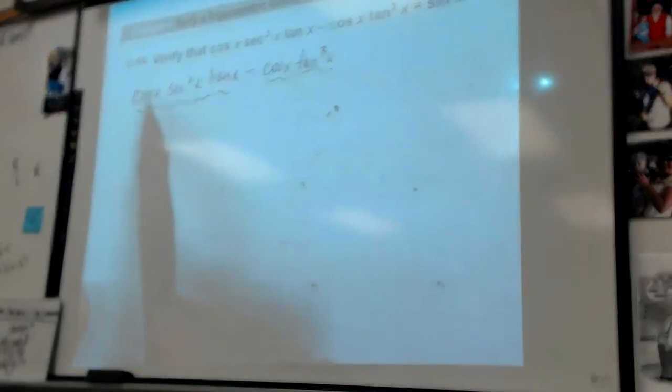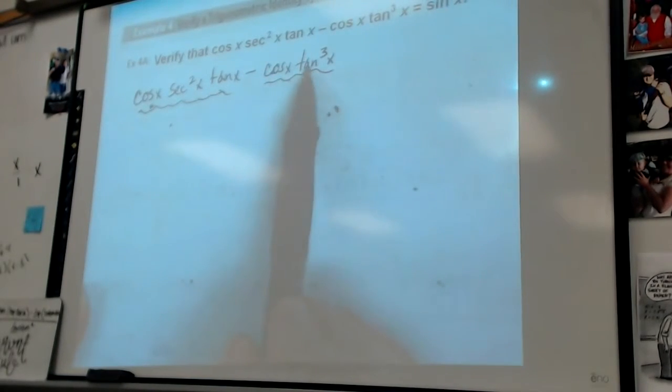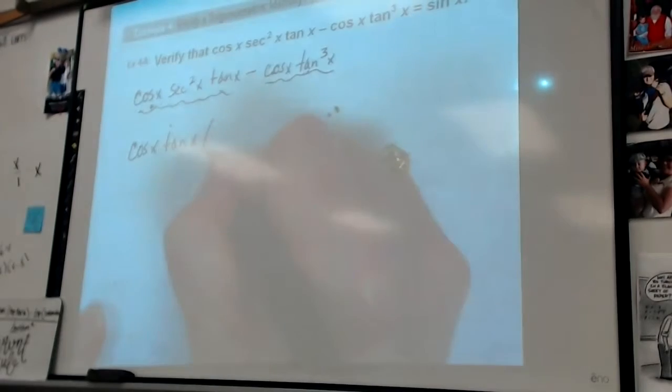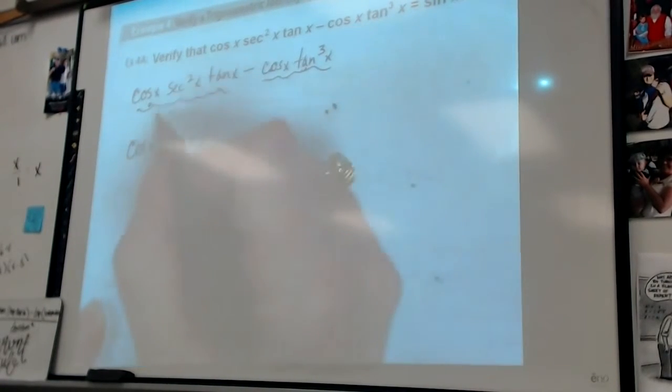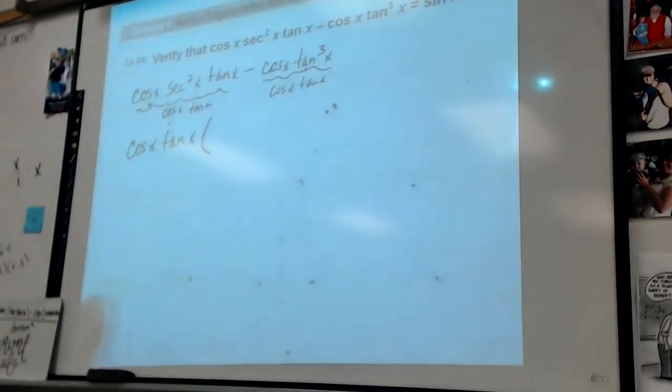You can look and see that here we have a cosine in common, and we have 1 tangent in common. So I can factor out a cosine and a tangent. So basically, I'm dividing by cosine tangent. Cosine tangent. All right, so those cancel out.